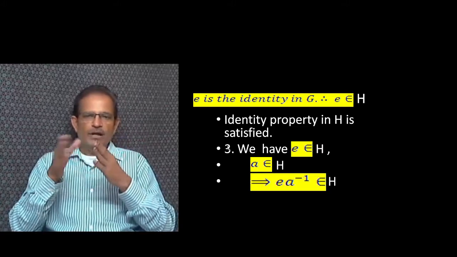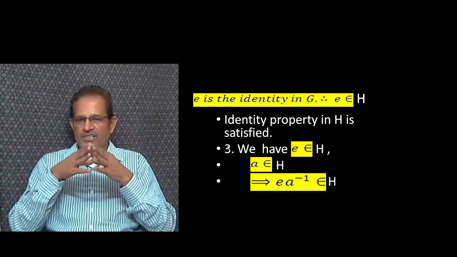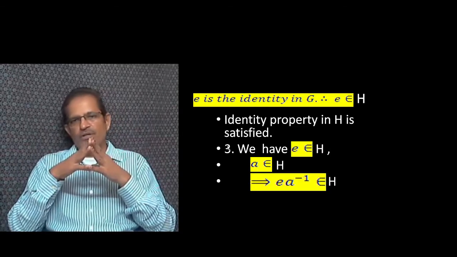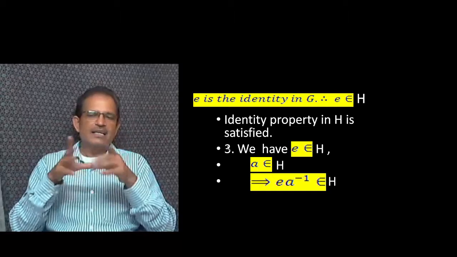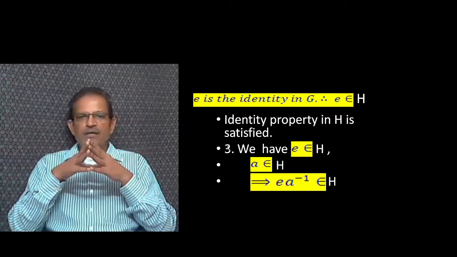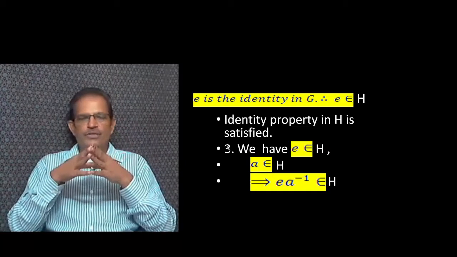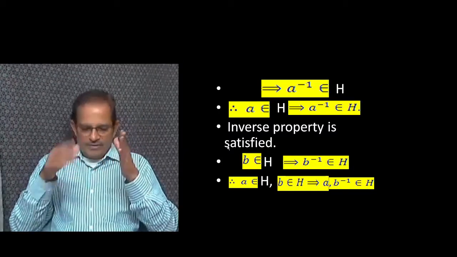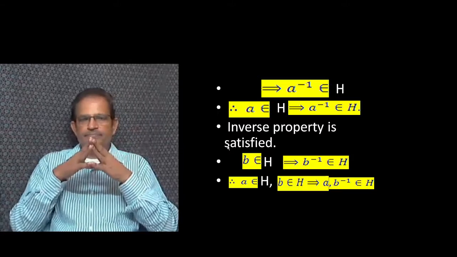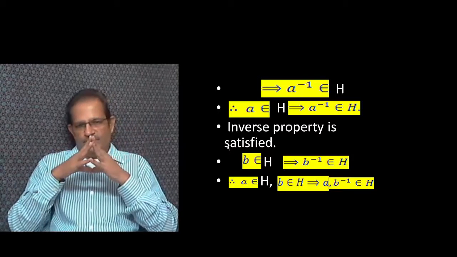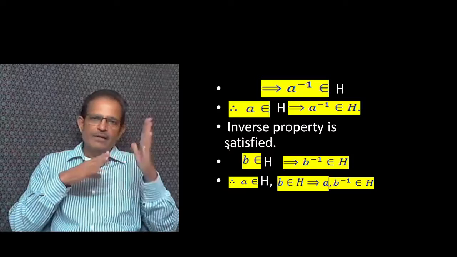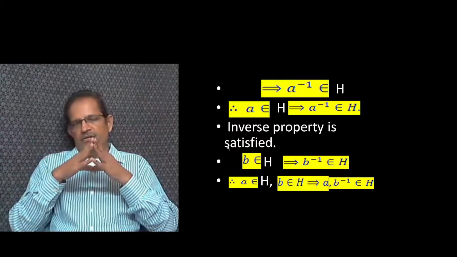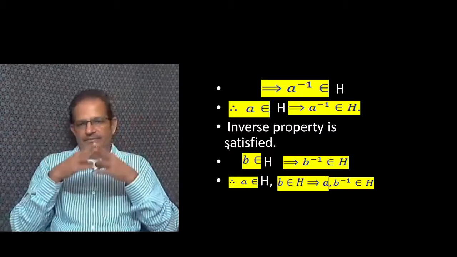3. We have E belongs to H, A belongs to H implies E A inverse belongs to H. Why? Because E is an element of H, A is an element of H, so A inverse belongs to H, so E A inverse belongs to H. But E A inverse is equal to A inverse. So A inverse belongs to H. So we started with A belongs to H and proved A inverse belongs to H. So the inverse property is satisfied.